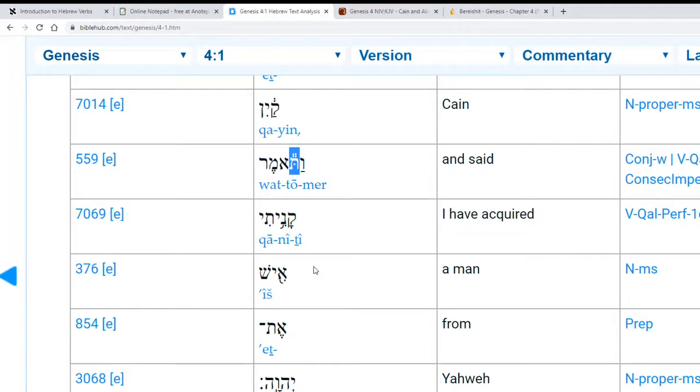I acquired a man. I bought a man. But it's not. It's, I acquired a man, and they're translating it as the preposition from. I don't know how you would translate that. And then the name of God, right? So possibly it's telling you that the name Cain comes from acquisition, from acquiring. But yeah, I don't know how you would translate that.